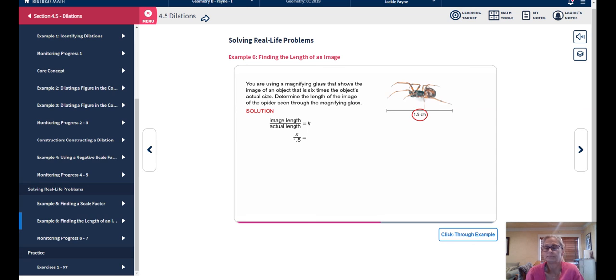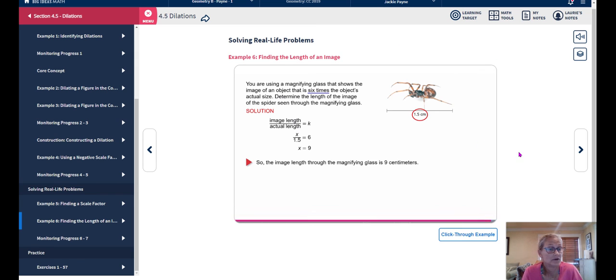The magnifying glass shows the image 6 times the object's actual size, so the scale factor k is 6, which gives you the equation x divided by 1 5/10 equals 6. Multiply each side of the equation by 1 5/10, and x is equal to 9. So the image length through the magnifying glass is 9 centimeters.